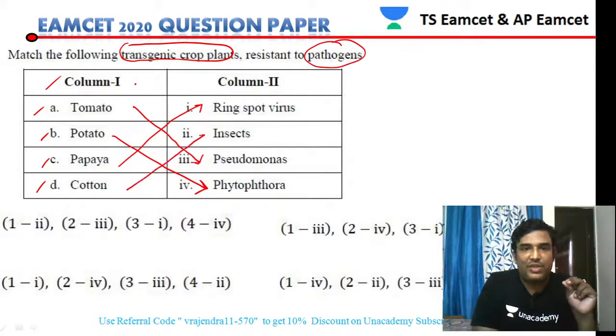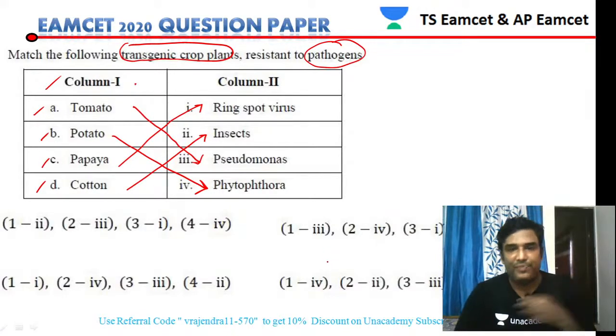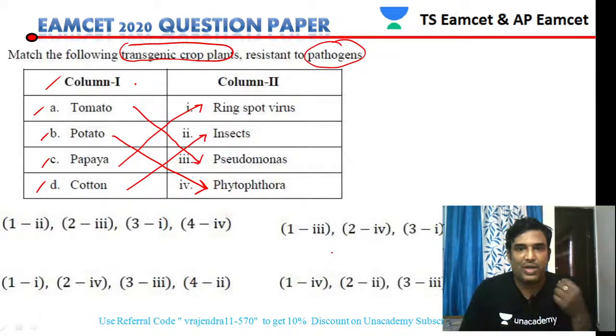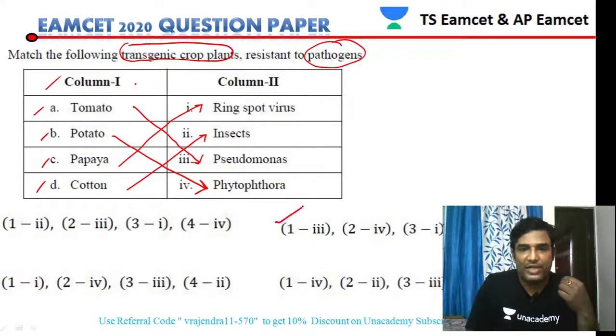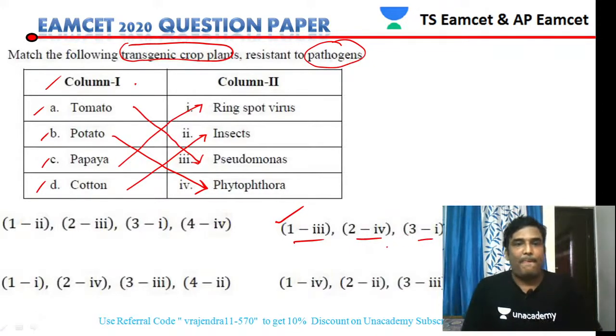Cotton is resistant to insects. Based on that we find the right option here. Tomato is resistant to Pseudomonas, potato to Phytophthora, papaya to ring spot. So based on that, we'll take this as the answer.